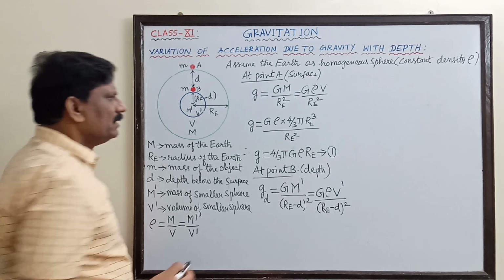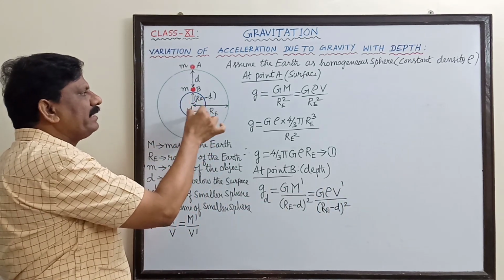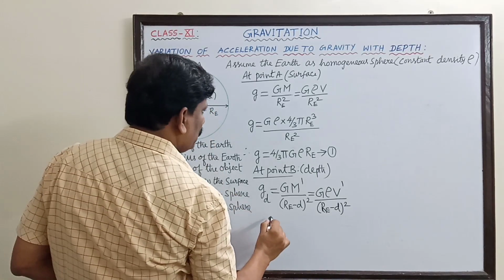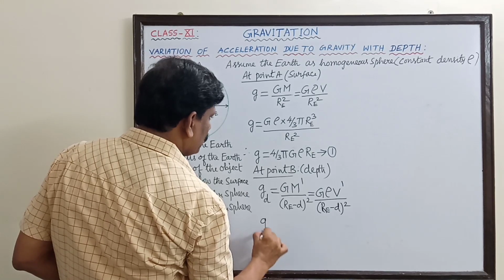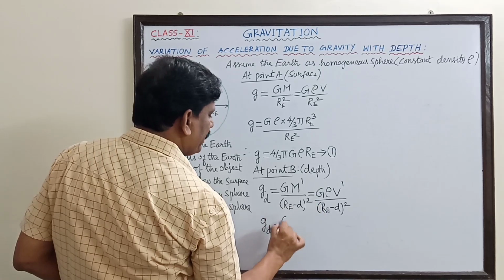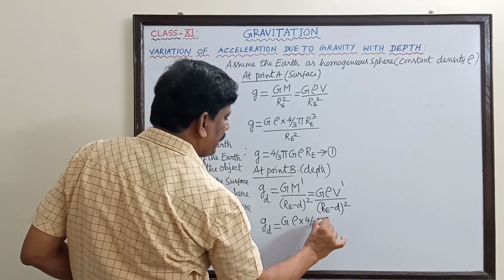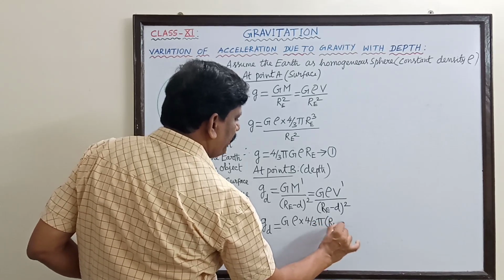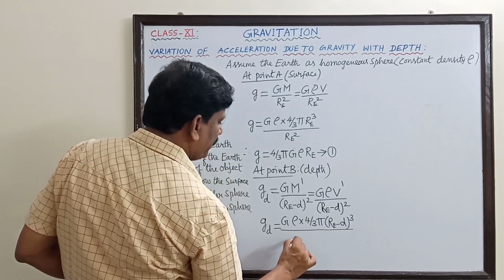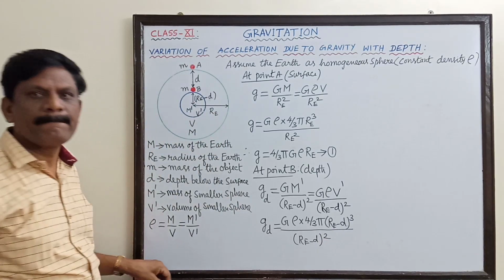Now I am going to substitute V dash. The volume of the smaller sphere is equal to 4 by 3 pi into Re minus d the whole cube. So g d is now equal to capital G into rho into 4 by 3 pi into Re minus d the whole cube divided by Re minus d the whole square.